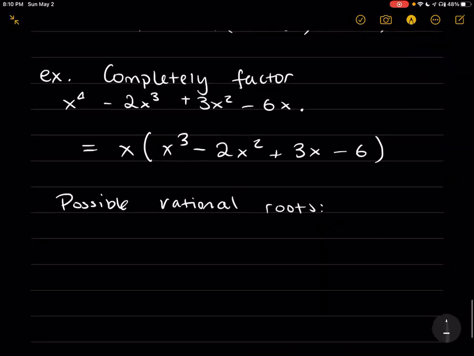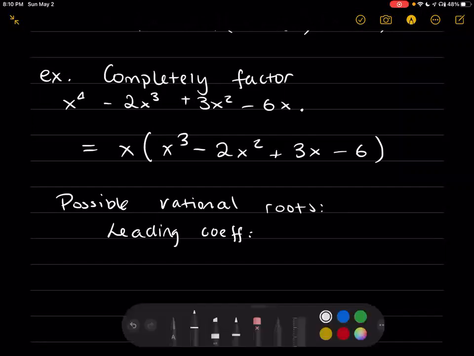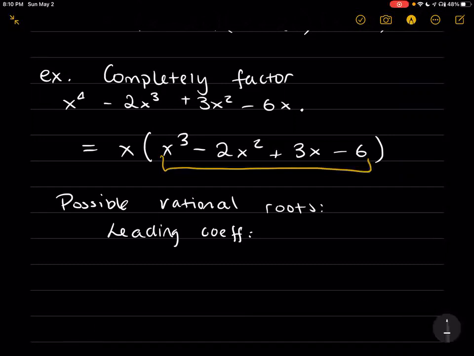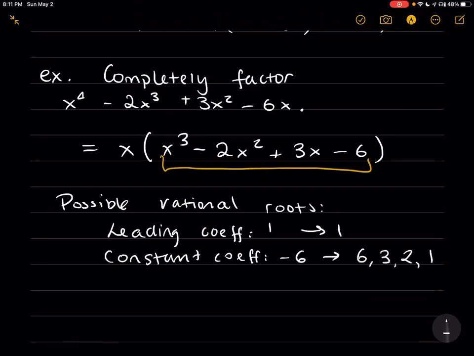Let's see, our leading coefficient, so remember, we're just looking at this thing right here. Our leading coefficient is 1, our constant coefficient is -6. 1 just has factor 1, 6 has 6, 3, 2, 1.